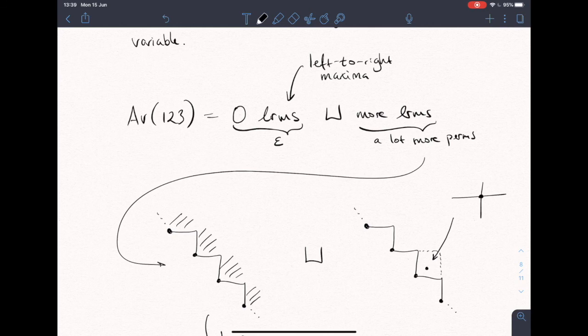And this is where mesh patterns enter the picture, because what does this point look like? Well, it itself is not a left to right minimum. It has to see a left to right minimum to its southwest. This is a left to right minimum, so there's nothing below it. And the fact that our point is in a diagonal cell means that there's nothing here or here.